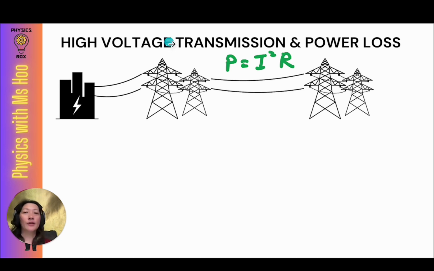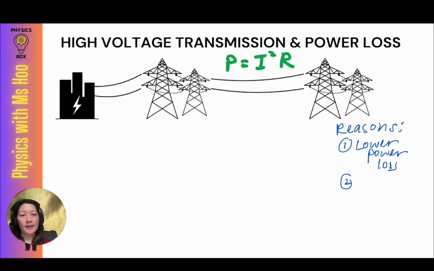So the reason why we transmit electricity at high voltage is because, for one, there will be lower power loss, and secondly, there is lesser current flowing through the cables, which is actually safer because lesser current means that there's less chances for electric shock.